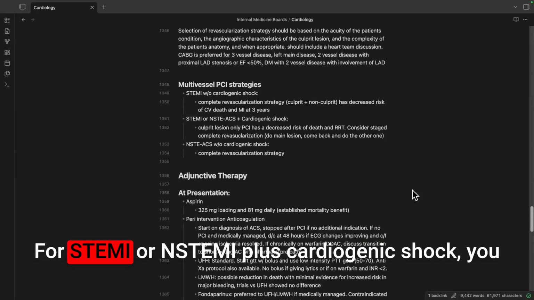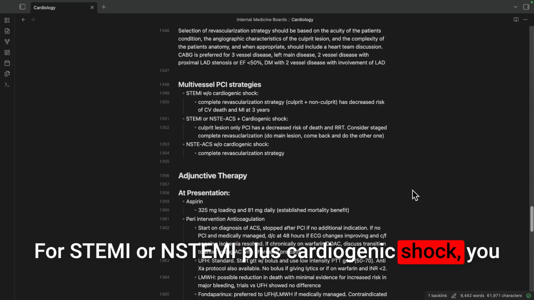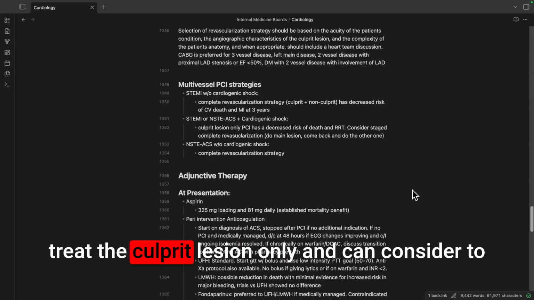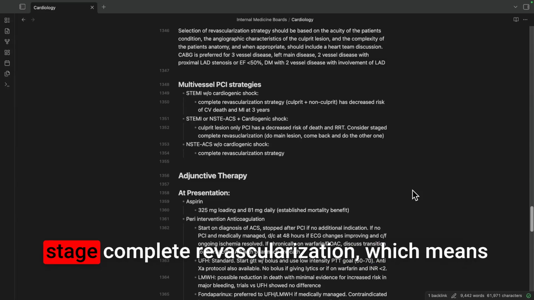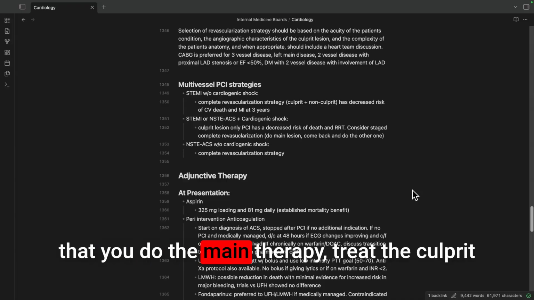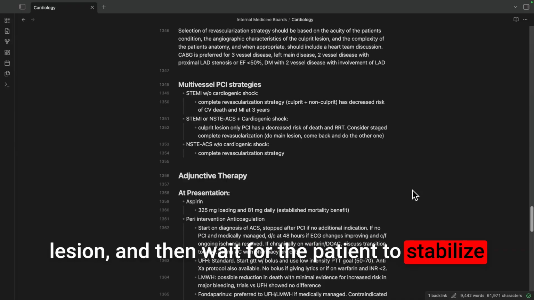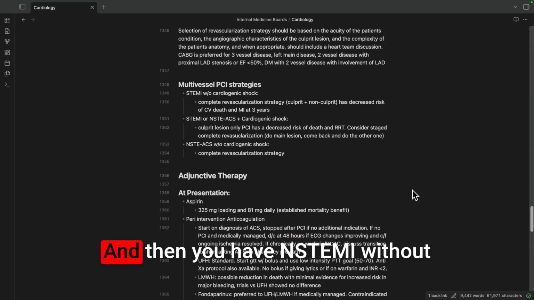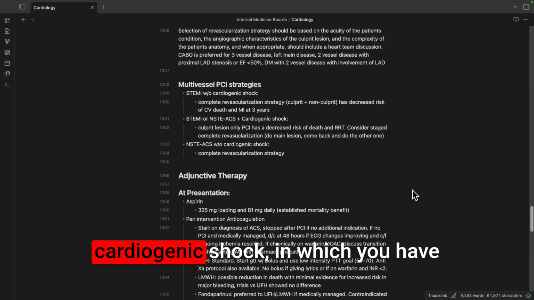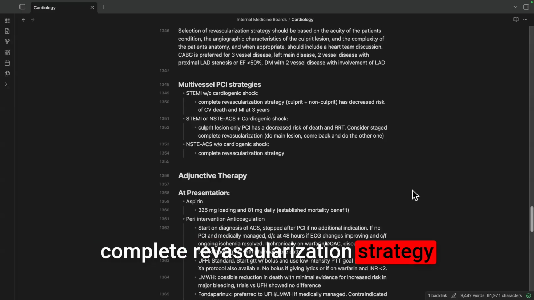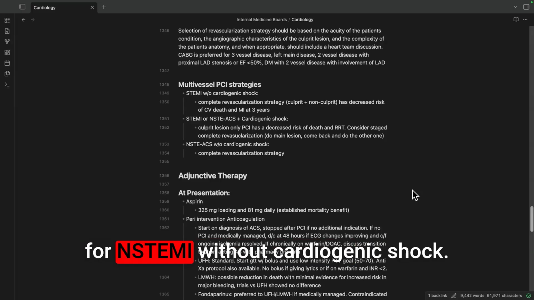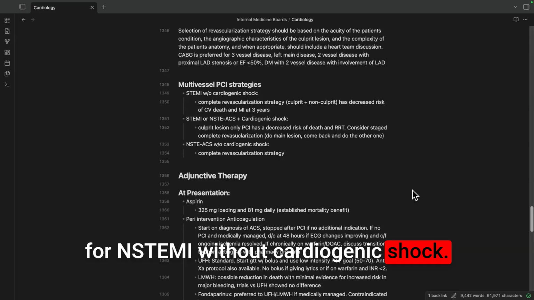For STEMI or NSTEMI plus cardiogenic shock, you treat the culprit lesion only and can consider to stage complete revascularization, which means that you do the main therapy, treat the culprit lesion, and then wait for the patient to stabilize, and then come back and do the other one. And then you have NSTEMI without cardiogenic shock, in which you have complete revascularization strategy.